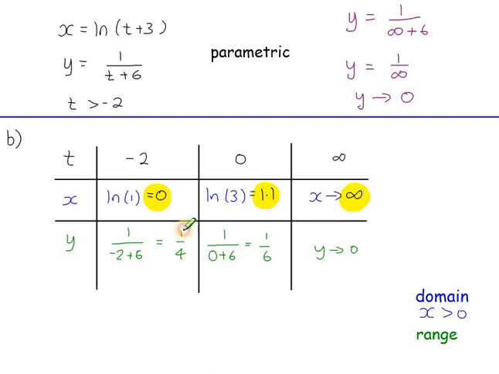We can't have a quarter for the same reason as before, because it comes from t equals -2, and t equals -2 is not valid. We've got t greater than -2. So we start from a quarter but not including it. We're getting values which are getting smaller, and they're approaching 0, but not equal to 0 either. So our range is between 0 and a quarter. So y greater than 0, less than a quarter.